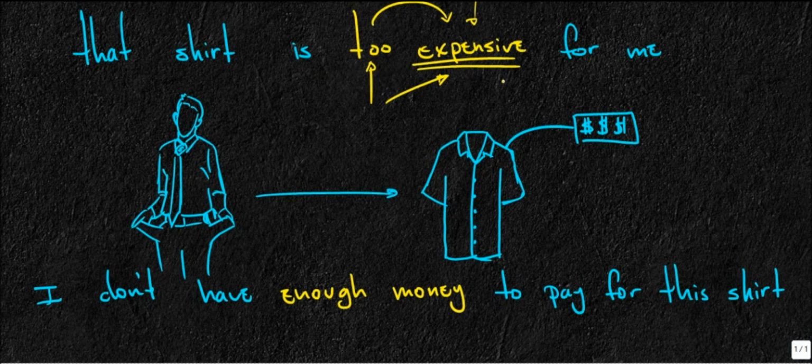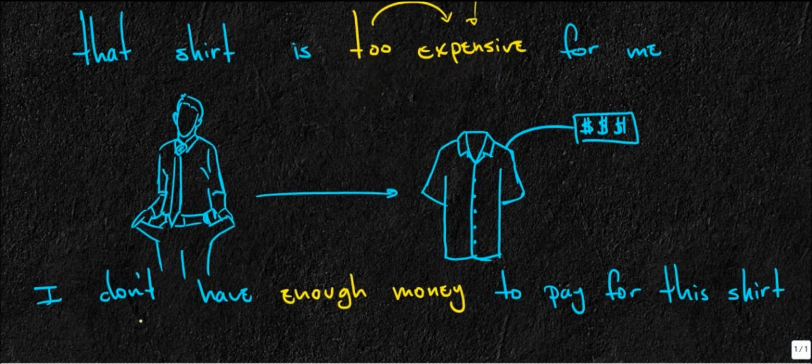So you'll need an adjective or an adverb. But notice here that when I say "enough," I am not using an adverb or an adjective. I am using a noun. So "enough" will be used in combination with a noun. But there is a way in which you can use "enough" in combination with an adjective. The only difference is that the sentence structure has to be a little bit different.